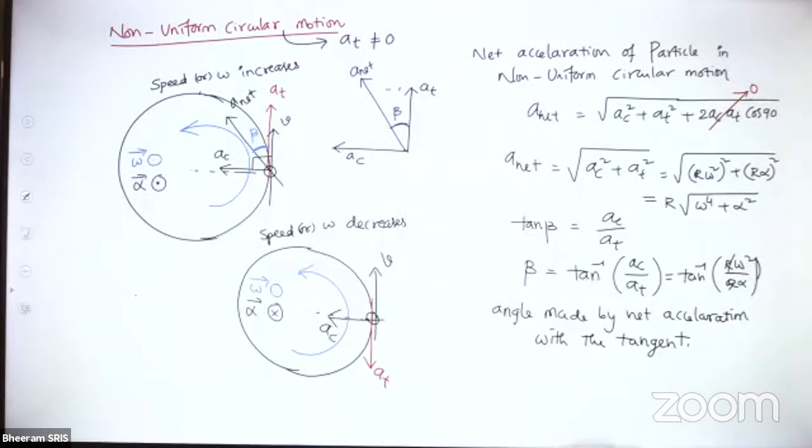Okay, Kaveshri completed. What about the others? Others wrote down or not? So net acceleration directions. Now you try to draw the net acceleration direction for the second diagram. The first diagram I drew, the second diagram you try to draw.